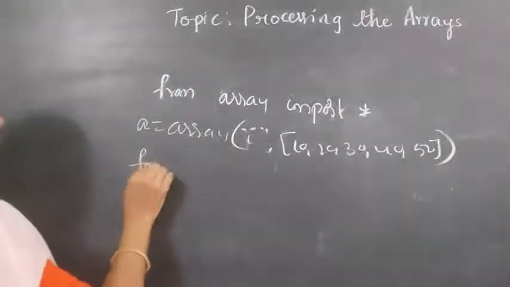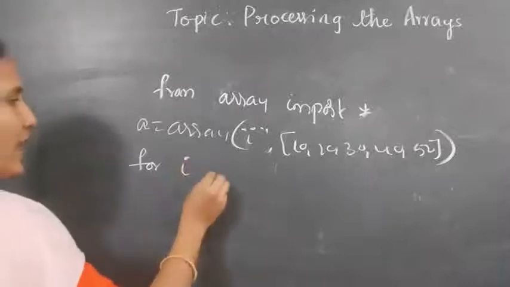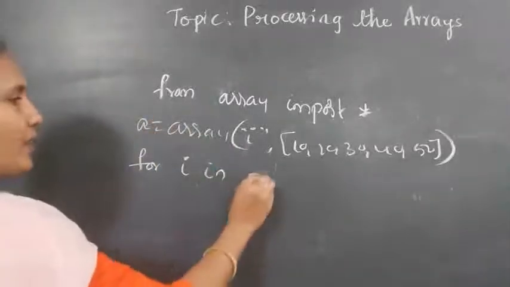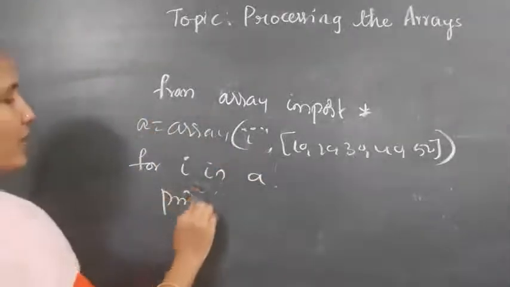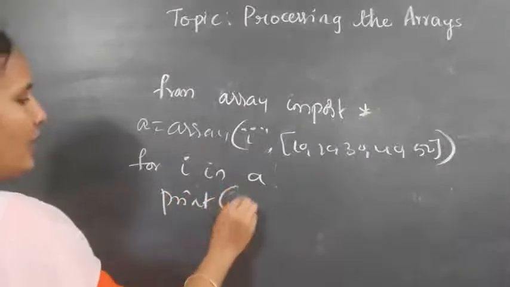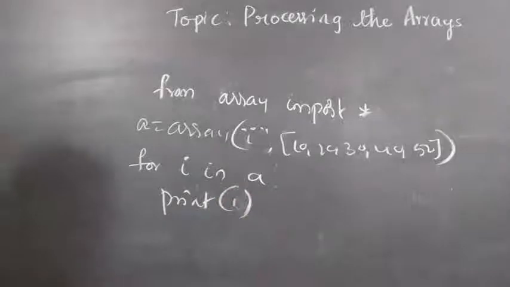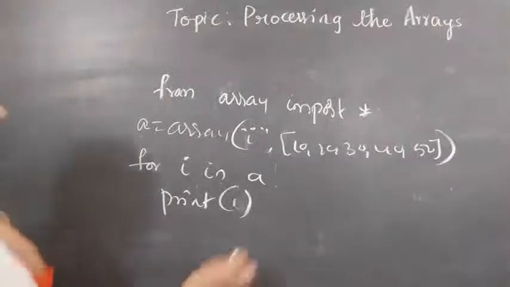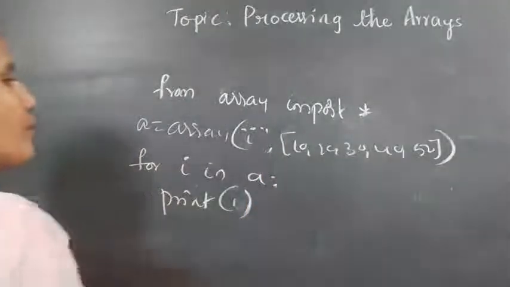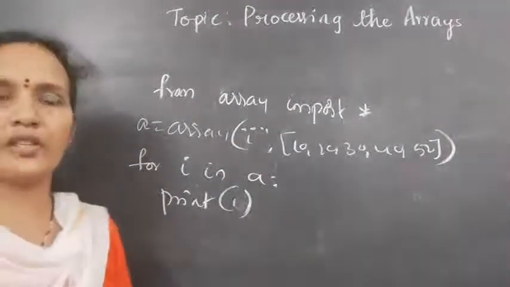After this I want to print all the elements: for I in A, print I. So whatever elements are there in the array, all the elements are printed. So this is about your arrays. Here it should be coded. Just take a screenshot of this.